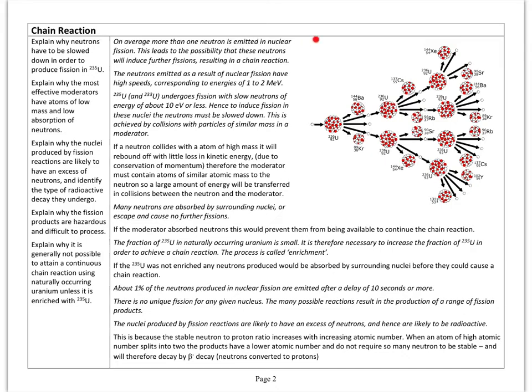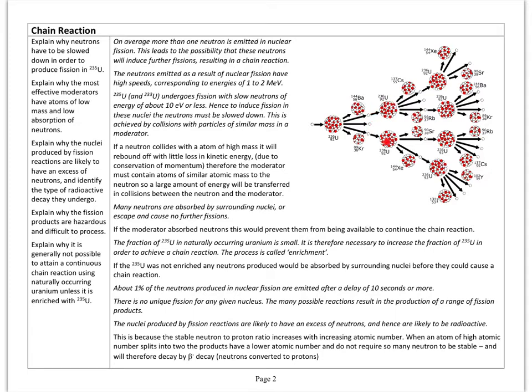Okay, so let's get into the chain reaction. There's a lot on this slide, but hopefully if you follow it through, it all makes sense. So on average, more than one neutron is emitted in nuclear fission. This leads to the possibility that these neutrons will induce further fissions, resulting in a chain reaction. So one neutron comes on, splits an atom, we get 2 or 3 neutrons released.